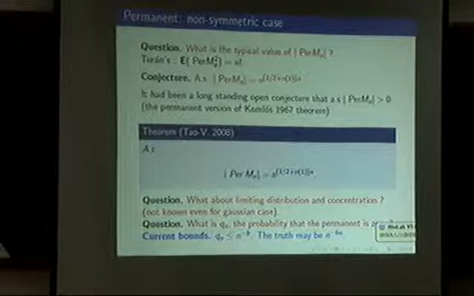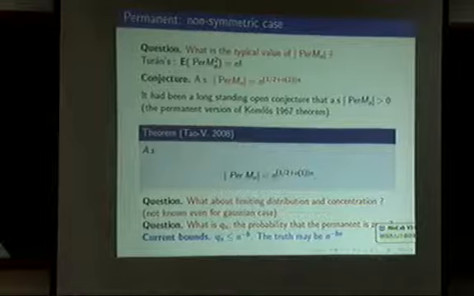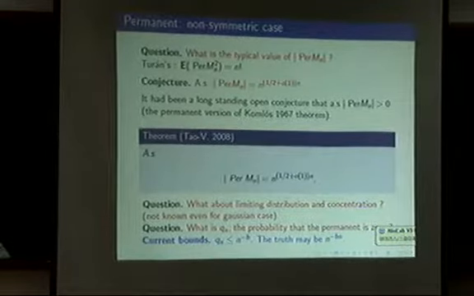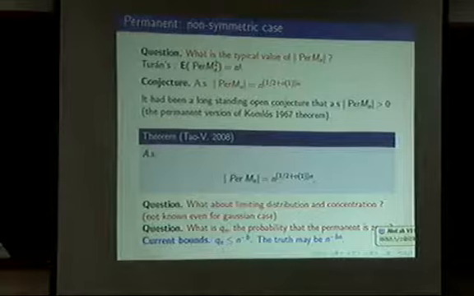And the truth here is very interesting, it's even less than exponential. Because for the determinant case, you have a simple reason for the matrix to be singular, because you have two rows which are the same, right? But for the permanent, there's no simple reason for the permanent to be 0.